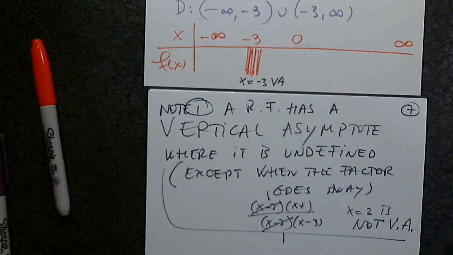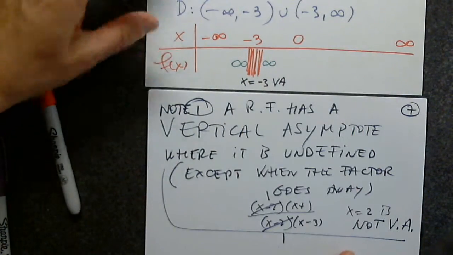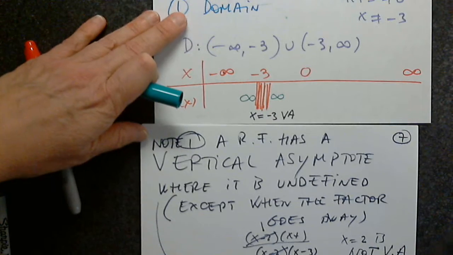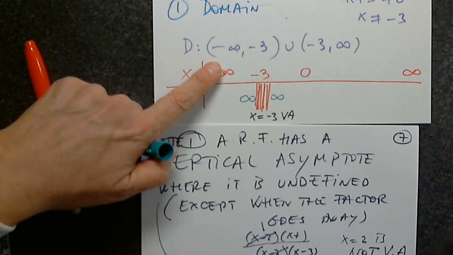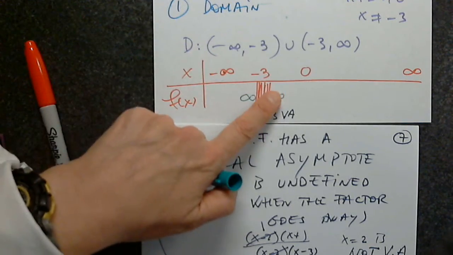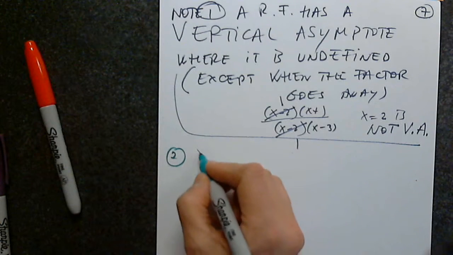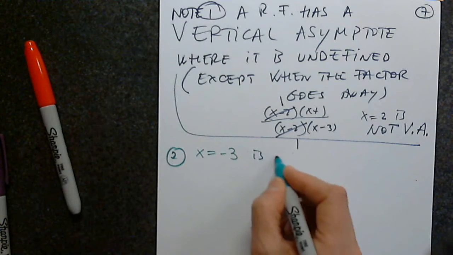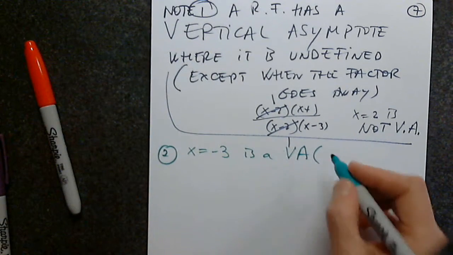Okay. Knowing that, that's my next step. So first step, I just want to number everything. So in first step, we determine the domain, and we put it in the table. In step number two, x equals -3 is a VA. I will put myself a note just one more time for you to remember.